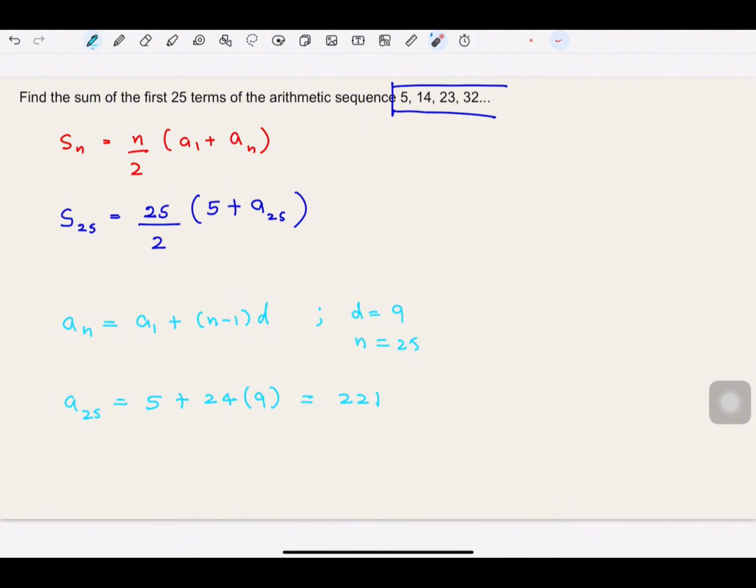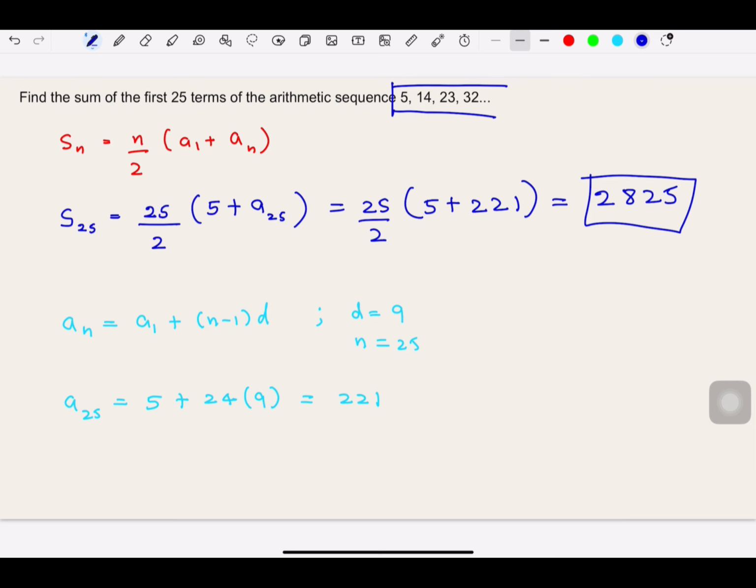Now I'm going to plug that into my formula. It's 25 over 2 times 5 plus 221. If you use your calculator, you'll end up at 2825. So this is the answer, the sum of the first 25 terms of this arithmetic sequence.